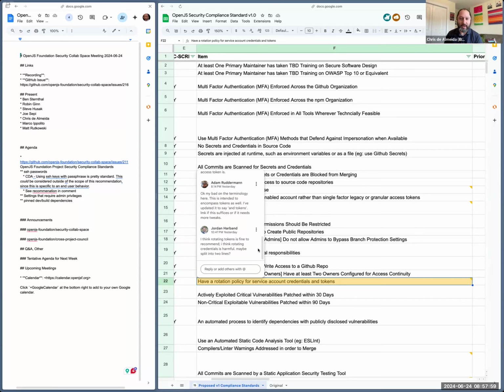So my comments are similar here. It's easy to say have a key rotation policy, but you're potentially doing more harm than good by doing this unless you have a full-blown proper key management system with tracking and inventorying and all of these things, and a process for what happens when you are aware of a compromised key. And usually by the time your key is compromised, your revocation procedure is not going to be fast enough anyway.